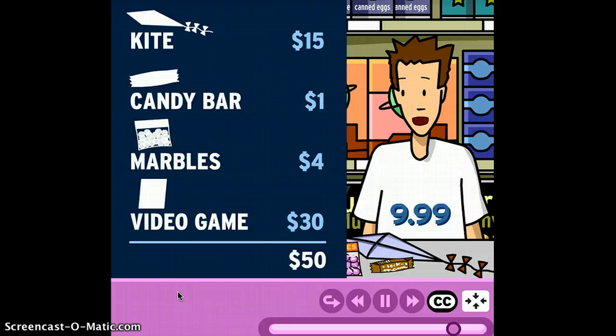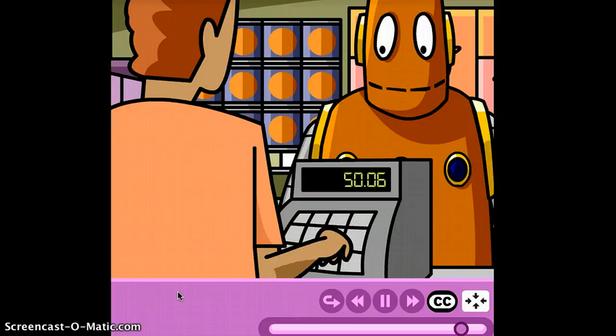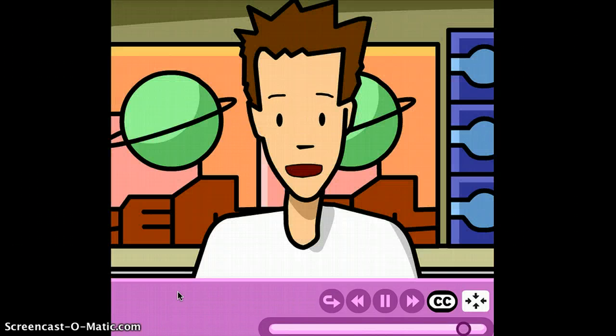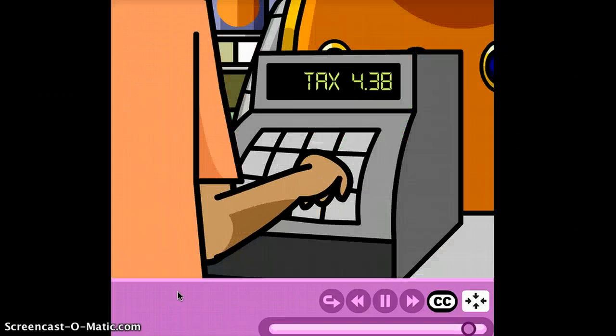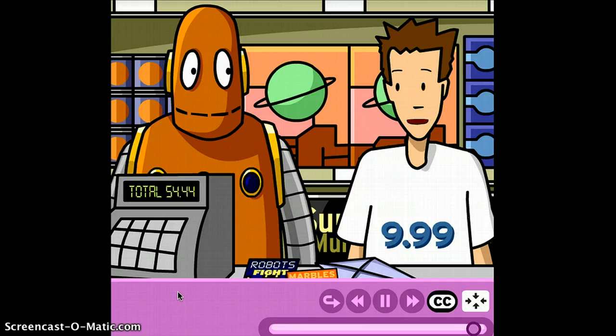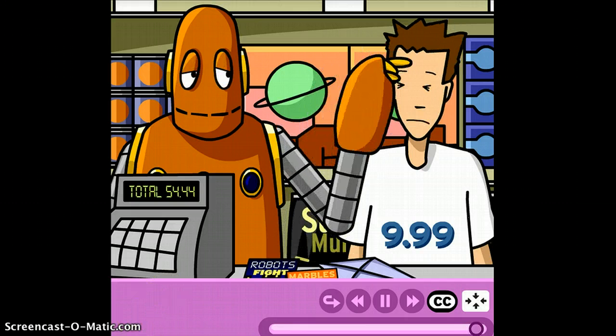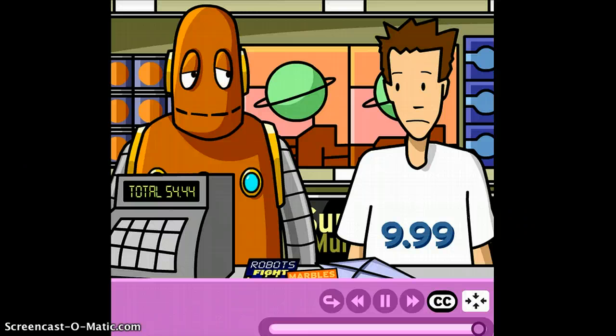That makes $50. Although, that's a little too close for comfort. Let's see what the exact price is. Rats. See, that's why it's always good to round up when you're working with money. Double rats. Can I borrow $5? Ow, what'd you do that for? I do so know the value of $1.